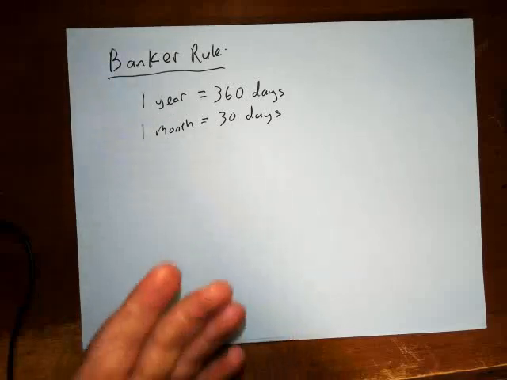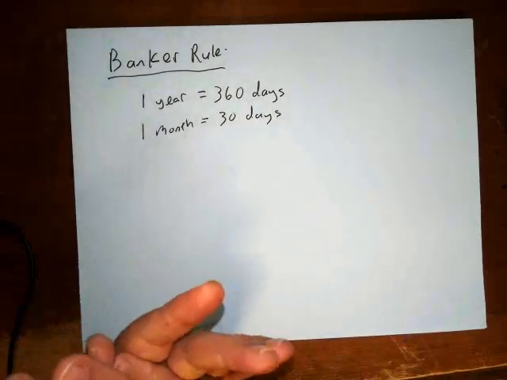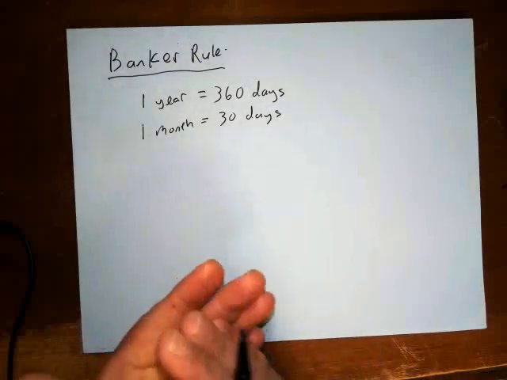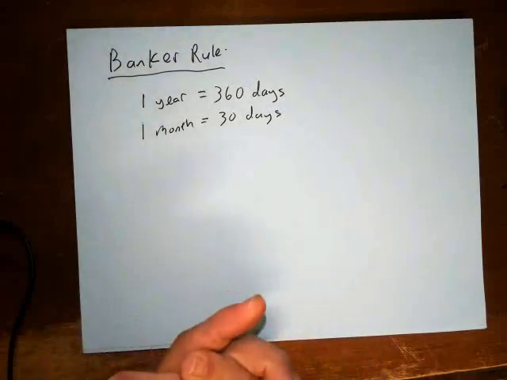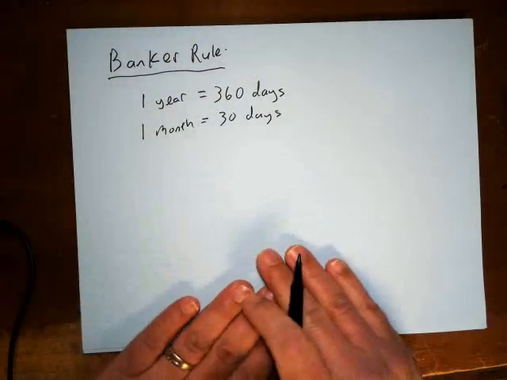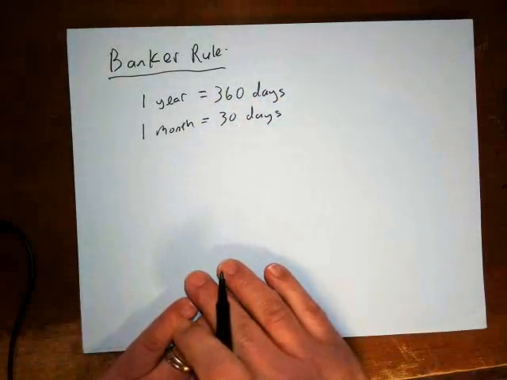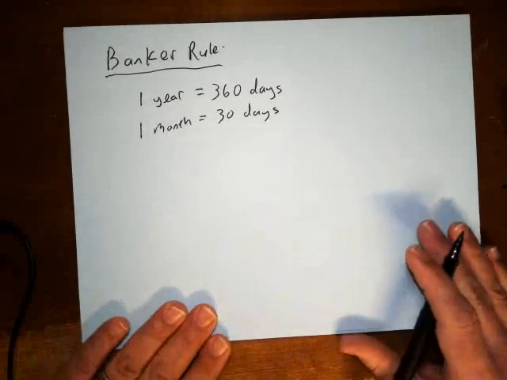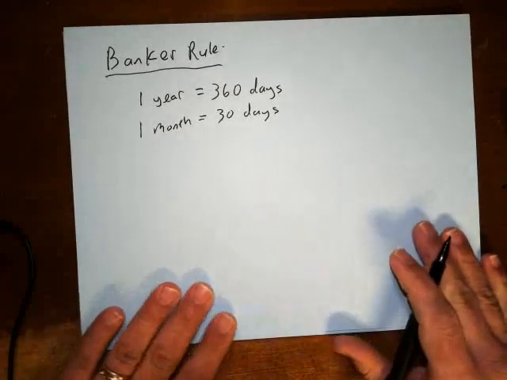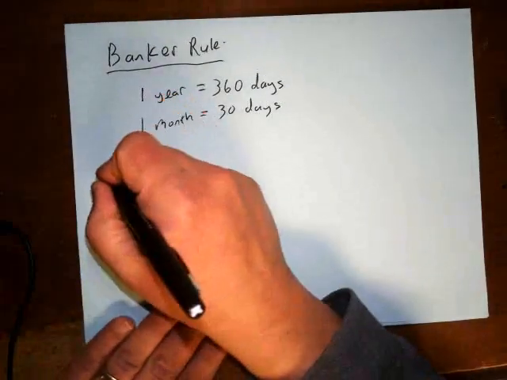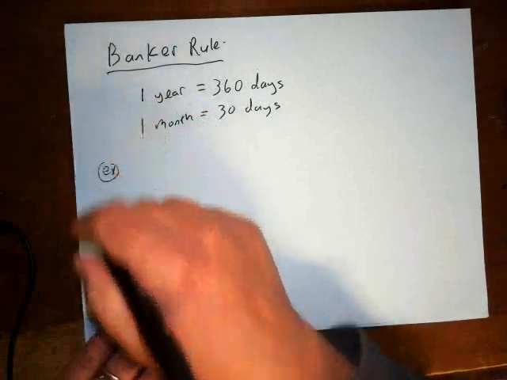And so then you don't have to worry about which month you're in and how many days that particular month has, anything like that. This just simplifies things quite a bit. And so we're going to use the banker's rule when we have to make a conversion. So let me give you an example where we have to do that.